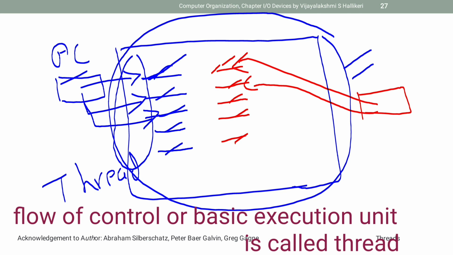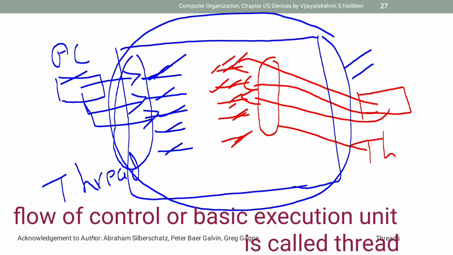When the second instruction is being executed, it will point to the third instruction address and so on. This way the instructions of this set will be executed one by one. This is the second flow of control. This is called thread 2.